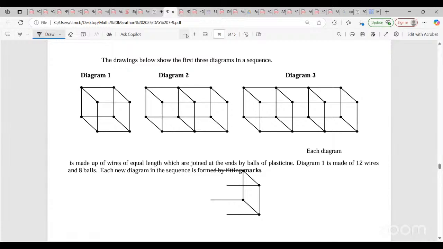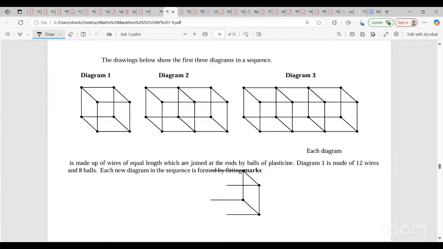All right, let's try this one, guys. The diagram below shows 3 diagrams in a sequence. I came up with that one already. Is something missing off it, man? The wires are of equal length and are joined at the ends by balls. Diagram 1 is made of 12 wires and 8 balls. All right.